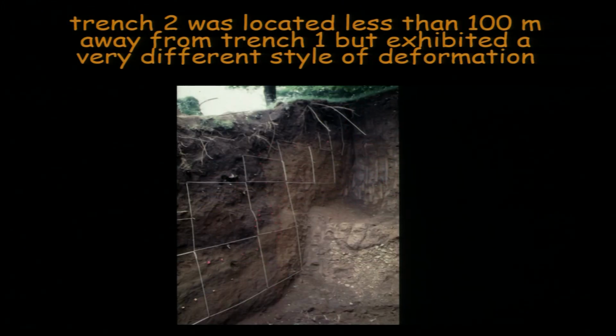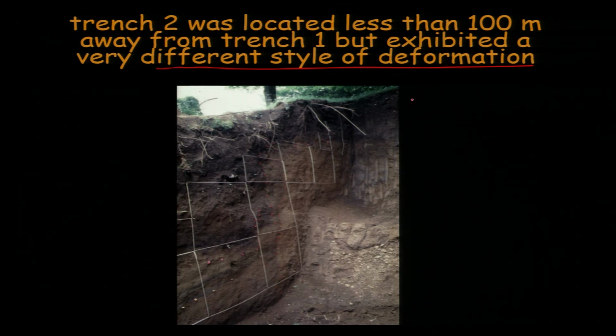The second trench was located less than 100 meters away from trench 1, but exhibits a very different style of deformation. This is an important part which we usually come across, because the fault will have different attitudes, that is the dip and strike will also change, and it may result in a different style of deformation.